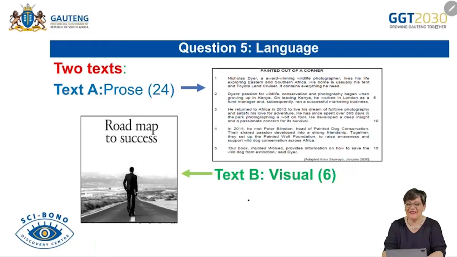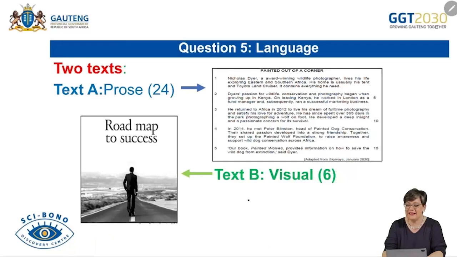It contains everything he needs. Dyer's passion for wildlife, conservation and photography began when growing up in Kenya. On leaving Kenya, he worked in London as a fund manager and subsequently ran a successful marketing business.